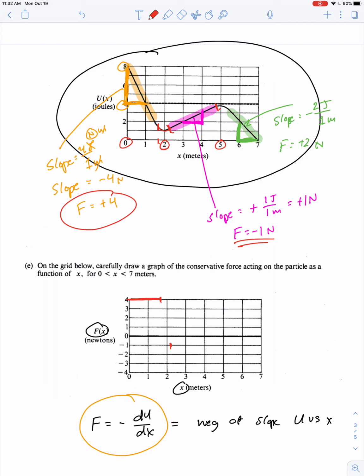So from here to here. And then from x equals just a little beyond 5 meters all the way up to 7, the force is a continuous 2 newtons.